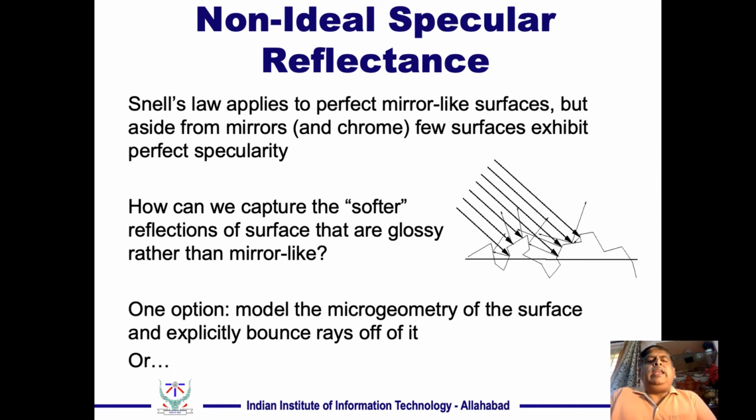So the non-ideal specular reflection: Snell's law applies to a perfect mirror-like surface, but aside from mirror and chrome, few surfaces exhibit perfect specularity.